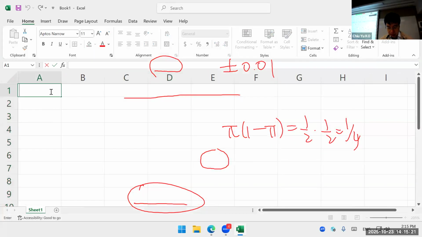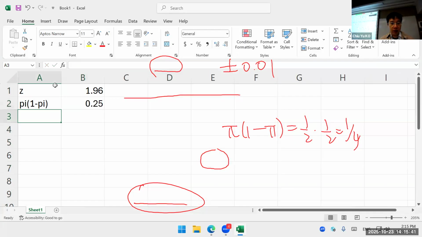The formula is like this, right? For 95%, the Z is actually 1.96, right? And our pi times (1 minus pi) is very simple, it's 1/4. Our margin of error, if it's 0.1, is like this, right?